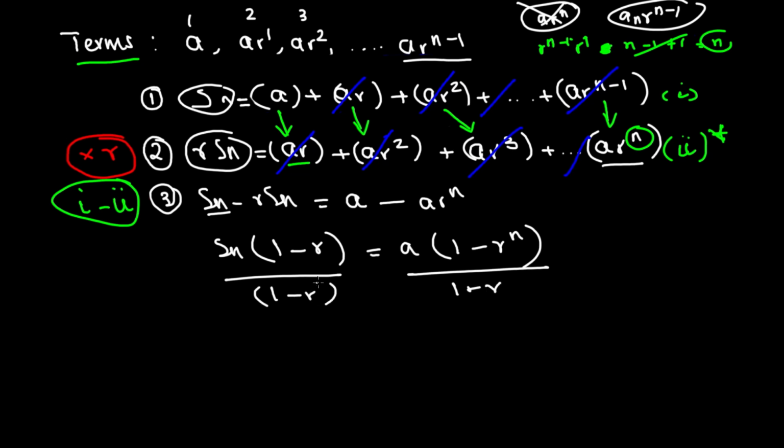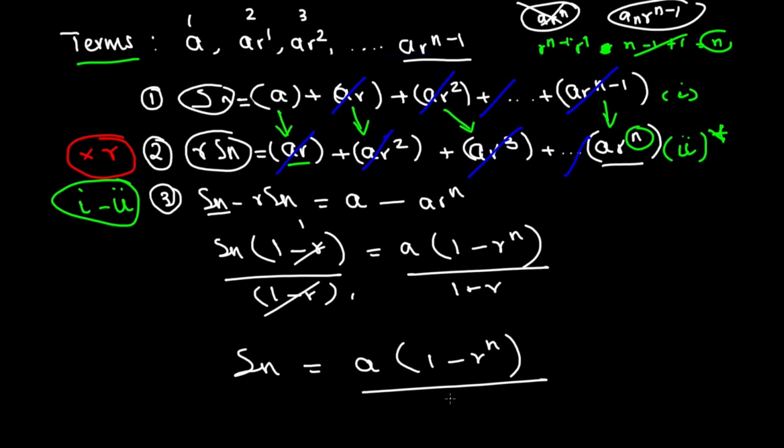What happens here is that these cancel out because this is 1 minus r and that's 1 minus r. So now we have Sn is equal to a, which is our first term, times 1 minus r^n, over 1 minus r.